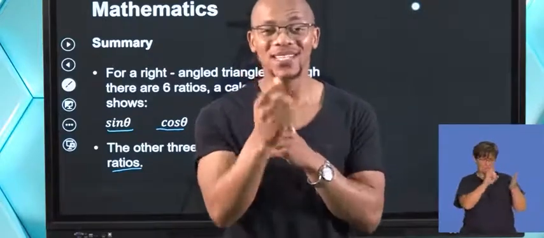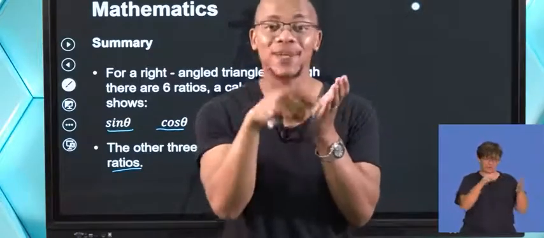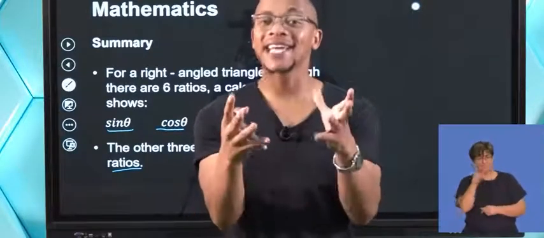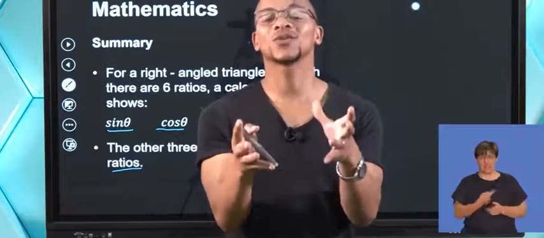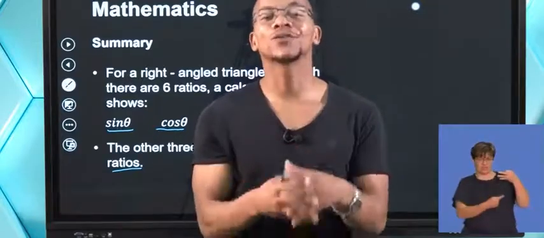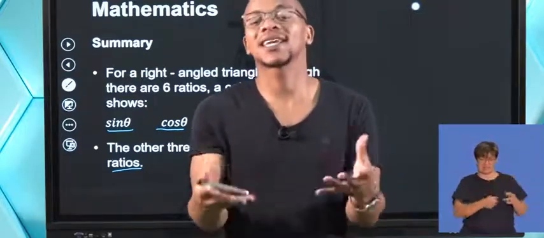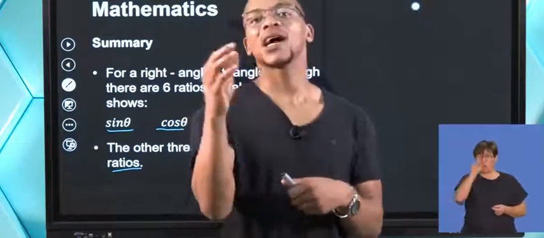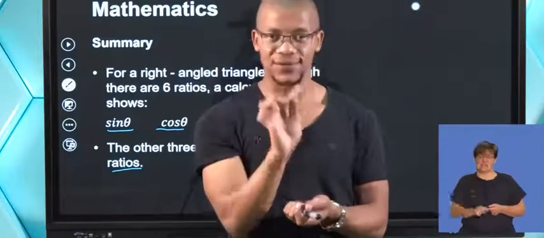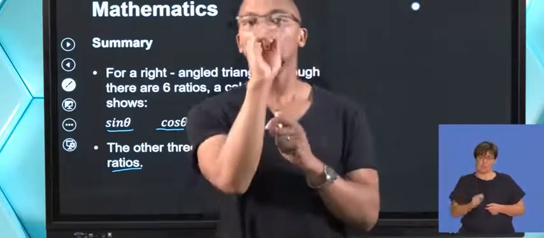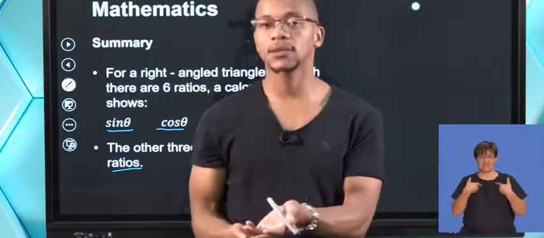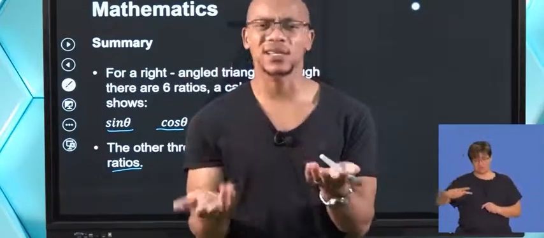On your calculator now, press the sine, press the cos, press the tan, and tell me what you see. And then you will see that's what we are talking about in terms of the 3 ratios that we can have on the calculator. If I want to find the other 3, I will do what? 1 divided by sine, 1 divided by cos, 1 divided by tan, and that will give me the other 3 reciprocals.